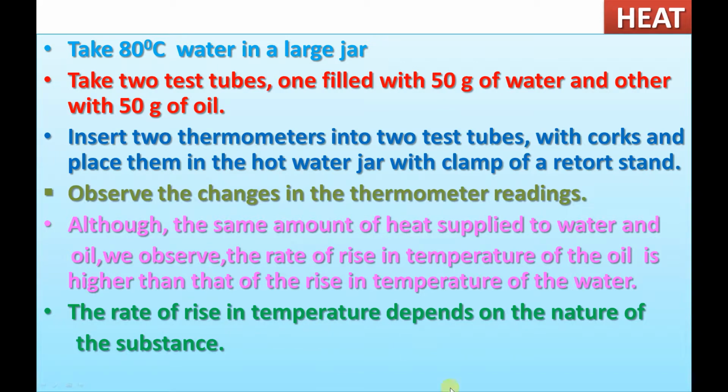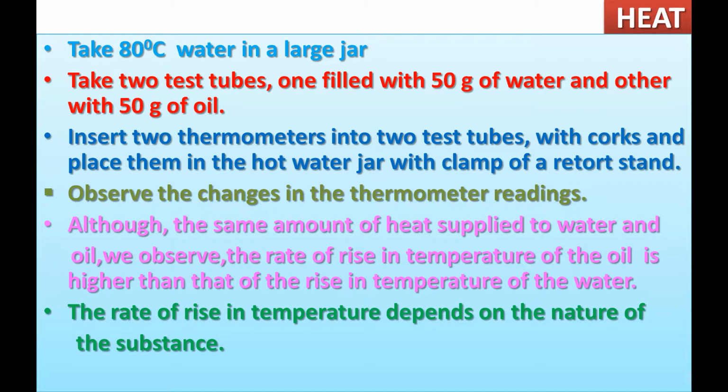Whatever you take, honey or fruit juice in the test tubes, different materials have different rises in temperature in this water bath. Even though the mass of both materials is the same, the rise in temperature is different. That means the rate of rise in temperature depends upon the nature of the substance. It is very clear to understand.